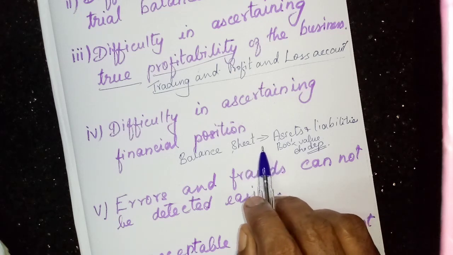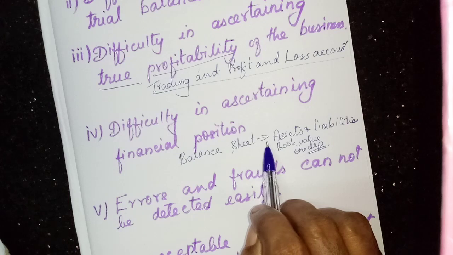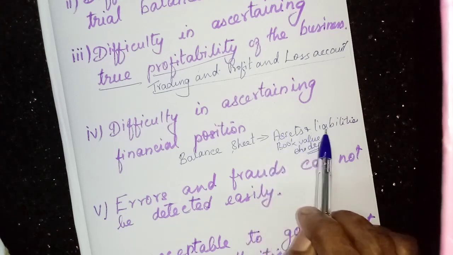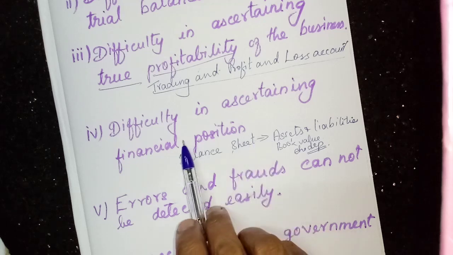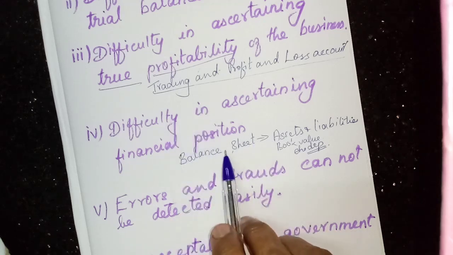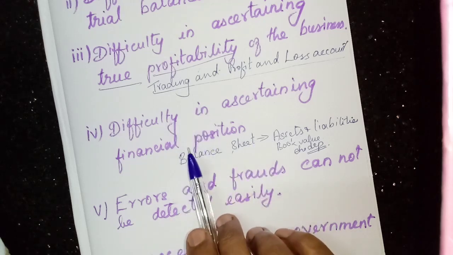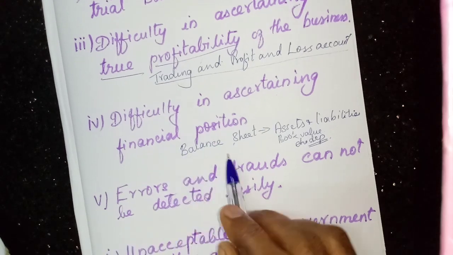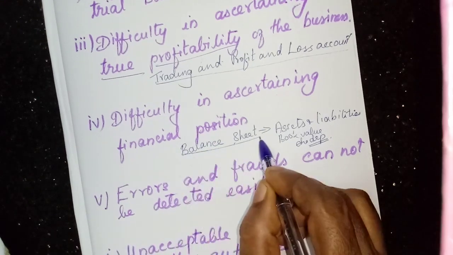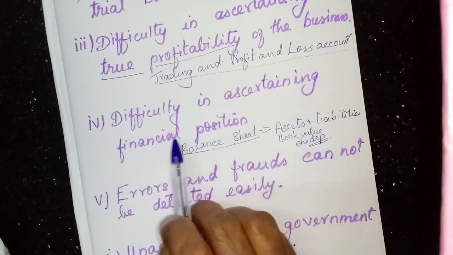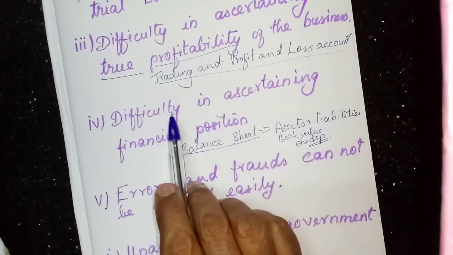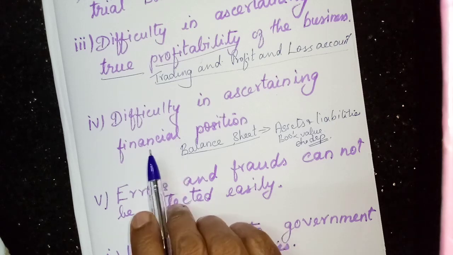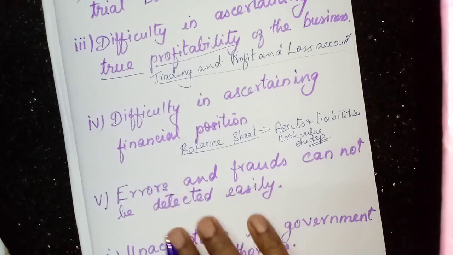The availability of these items, the assets and liabilities, is lacking in incomplete records, so it is very difficult to prepare the financial position. Since the balance sheet is not prepared properly, we cannot ascertain the true and fair view of the financial position of the business.